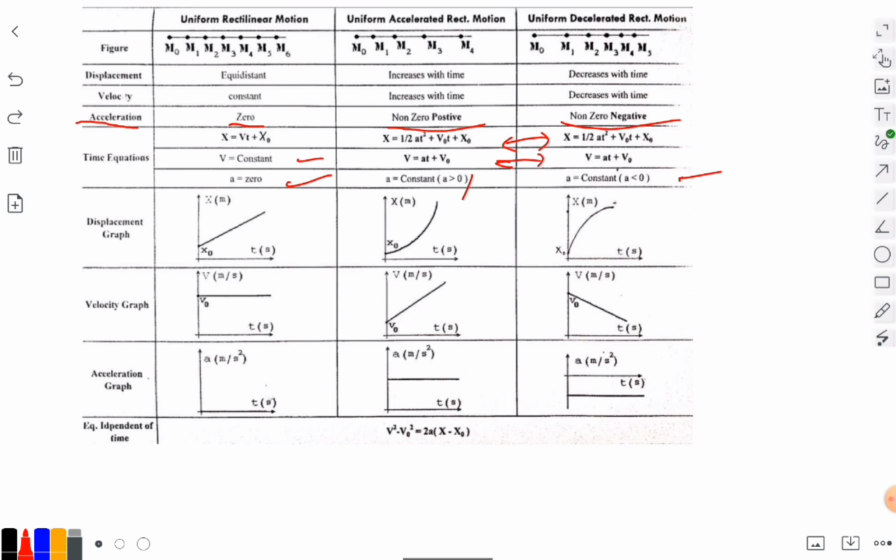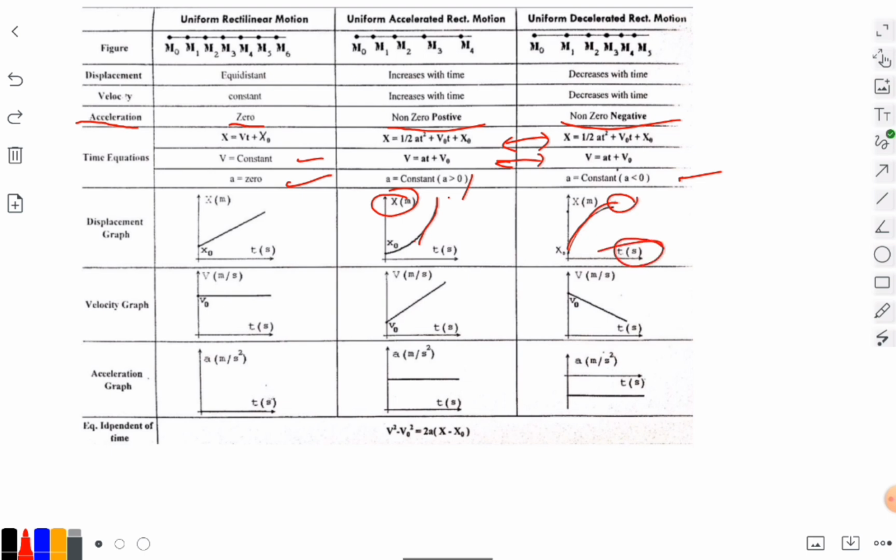The displacement graph, the graph of position, for uniform rectilinear motion is a straight line, while in uniform accelerated rectilinear motion it is a parabola, and in decelerated it is a parabola. In this case, the parabola approaches the x-axis, while in this case, the parabola approaches the time axis.